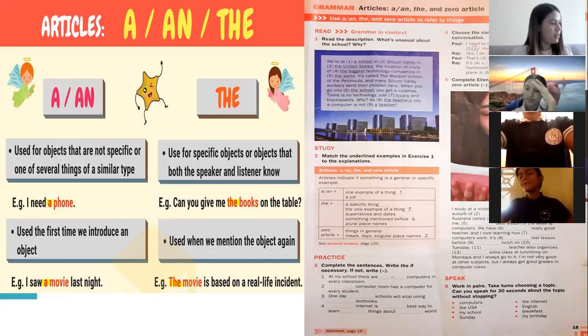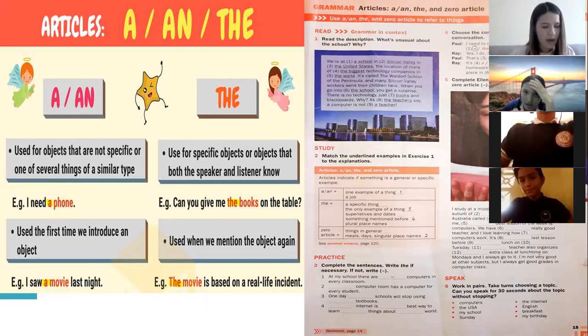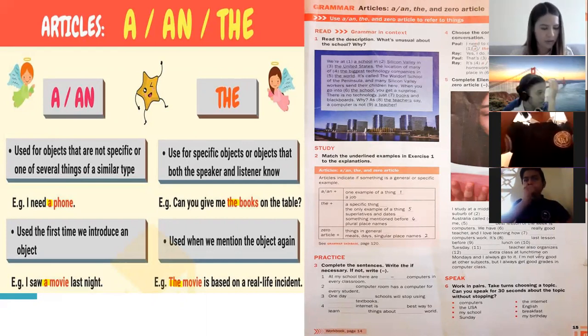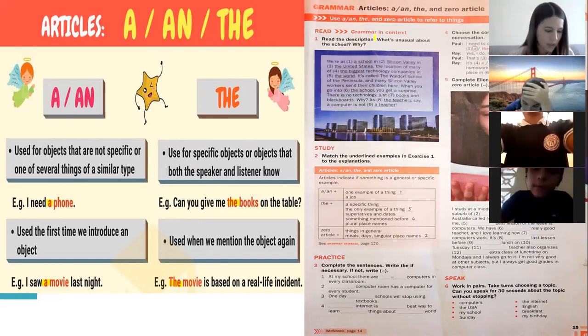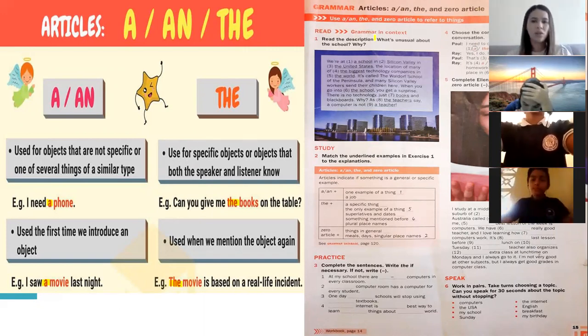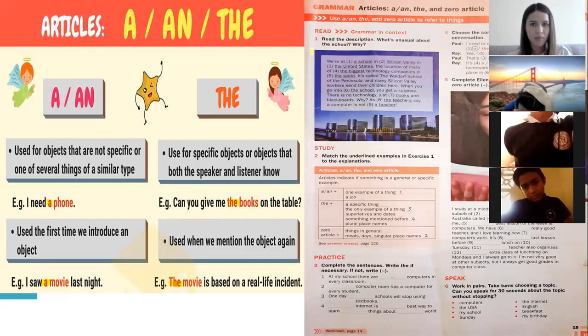It says use a, an, the, and zero article to refer to things. So, grammar in context. Read the description. What's unusual about the school? Why? Okay, read this article that is a description, and be ready to answer.